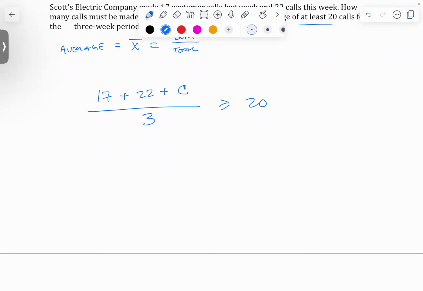Solving this then is a matter of just simplifying this down. Now, algebra, multiply both sides by 3.